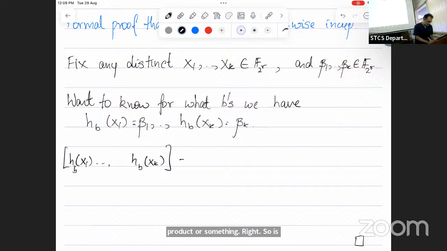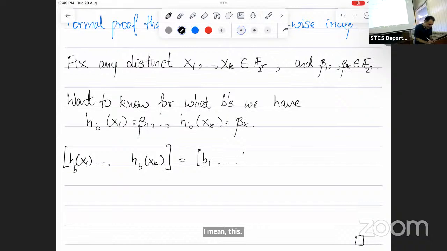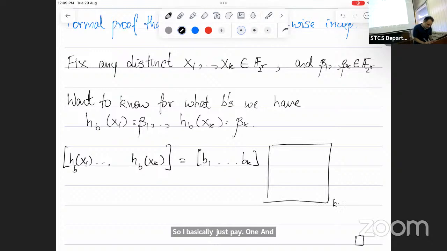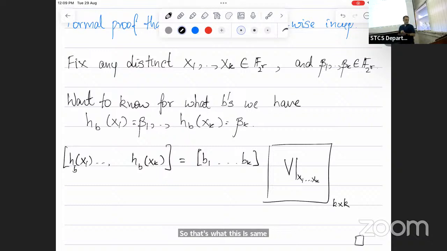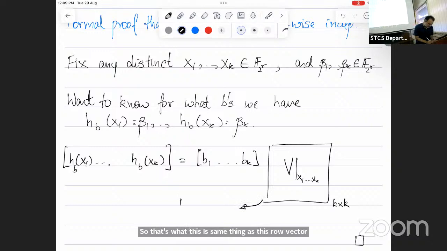I basically just take B_1 through B_k and then focus on the k cross k Vandermonde matrix, where these are the columns indexed by x_1 through x_k. That was basically the definition of what h_B of x_i was. So therefore, this k-length row vector is the same thing as this row vector times this matrix. But we just know that this matrix is invertible.